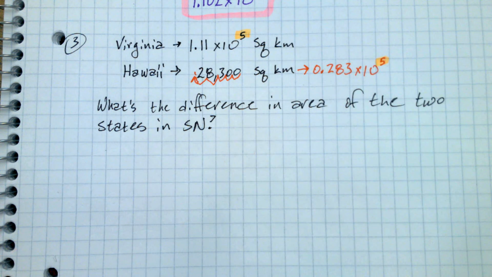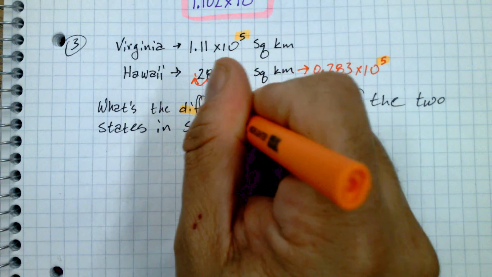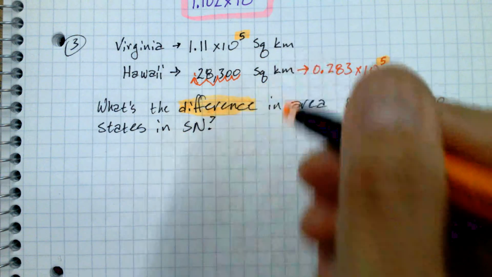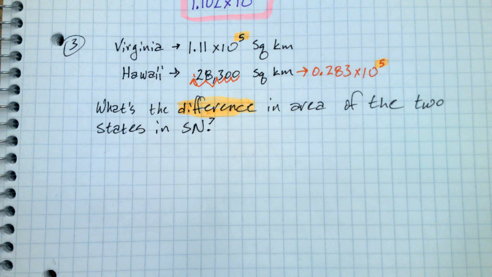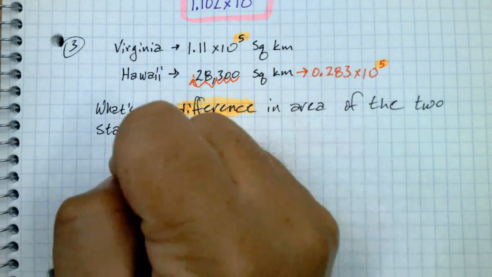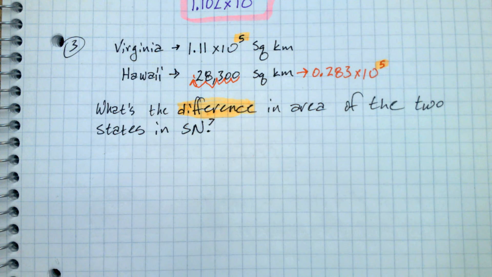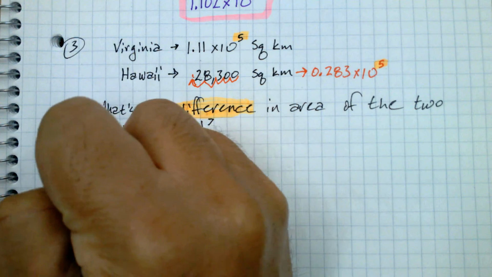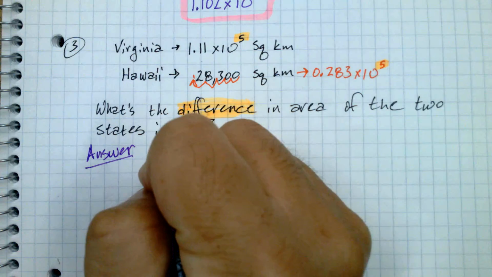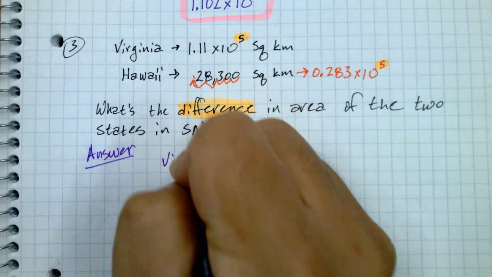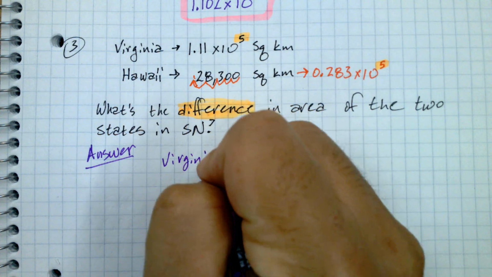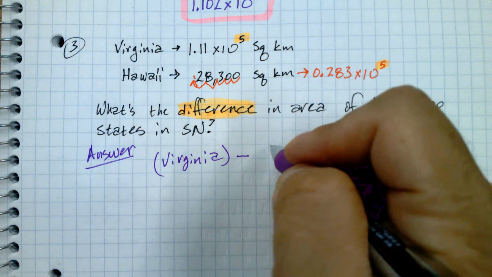So now I have the same power of 10. What does the word difference tell us to do? Subtract. Another way to say this is how much larger is Virginia than Hawaii? Okay, so I want to subtract. So basically what I want is to get the answer: Virginia minus Hawaii.